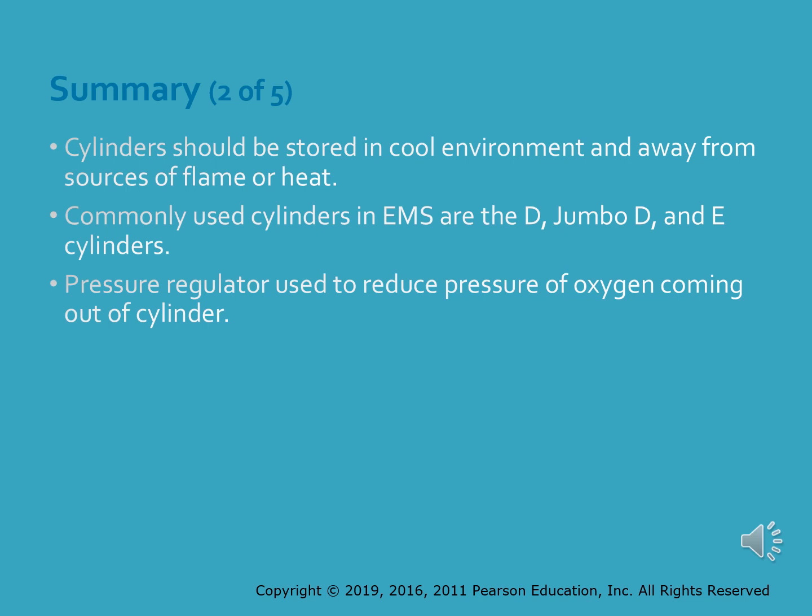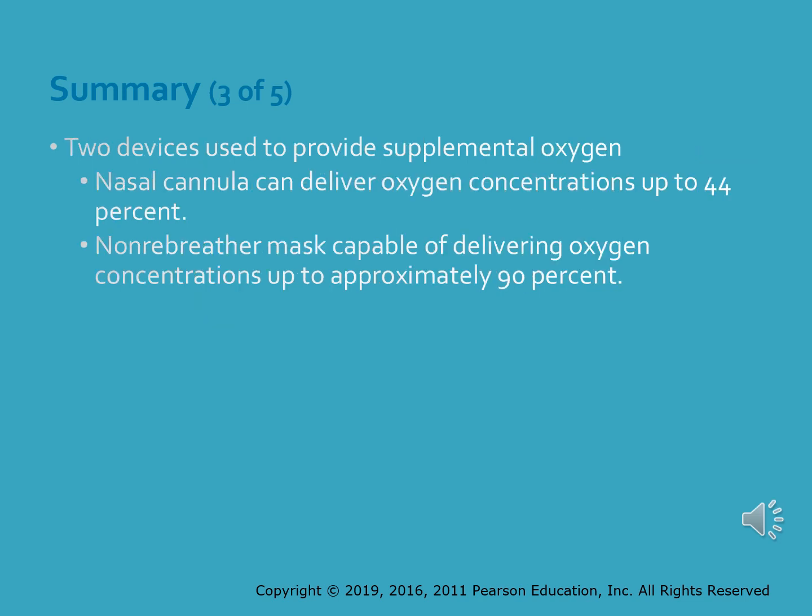Pressure regulators are used to reduce the pressure of oxygen coming out of a cylinder. Two devices used to provide supplemental oxygen are the nasal cannula, which can deliver oxygen concentrations up to 44%, and the non-rebreather mask, capable of delivering oxygen concentration up to approximately 90%.